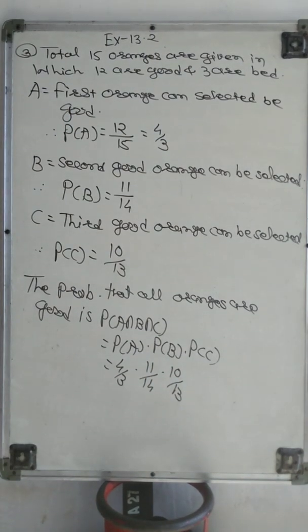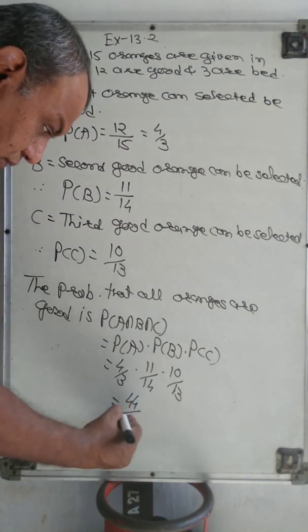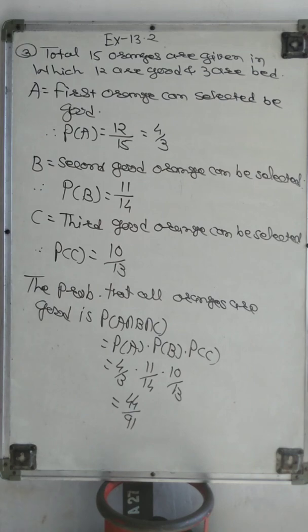After some simplification, we find the answer is 44 by 91. So this way, the total probability that the three oranges are good and the box is selected for sale is 44 by 91. Okay, so this way we can do this one very easily. Now we go for the next one, the fourth one.